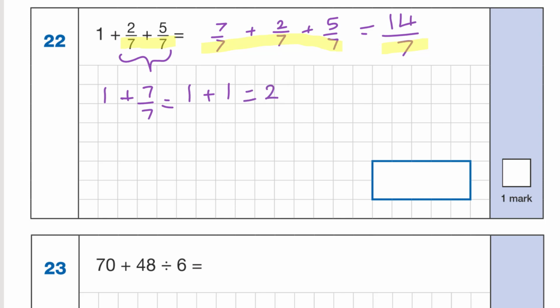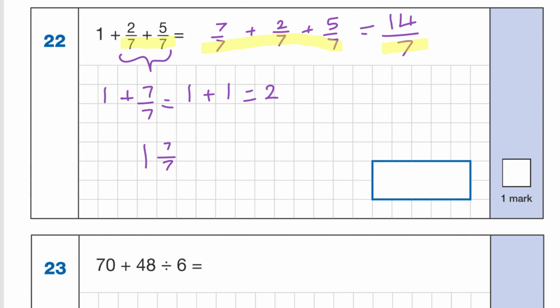So if you've done it that way, you could have spotted that. Just so that you know, if you wrote 1 and 7/7 as your answer, you would get no marks. However, if you wrote 14/7, you could get a mark because that is the right answer. However, they are more than likely wanting you to convert it.